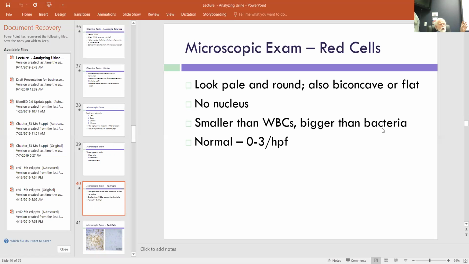They are about half the size of white cells. And usually in a urine sample, if you're looking under the microscope, you're going to see three or less in that high power field. So zero is common, and it's not at all unusual to see a few.